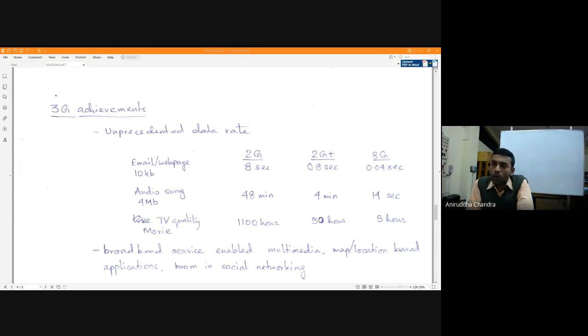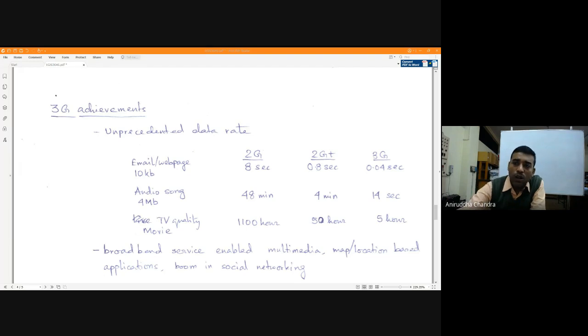If you are downloading an audio song, which is around 4 MB of size, then it would take around 48 minutes for a 2G kind of data connection, which reduced to 14 seconds in case of 3G. And a TV quality movie, it was possible to download with 3G, which was almost impossible to do on 2G and so on.